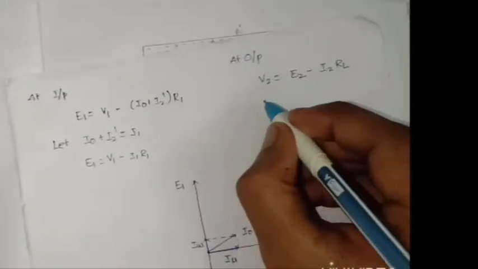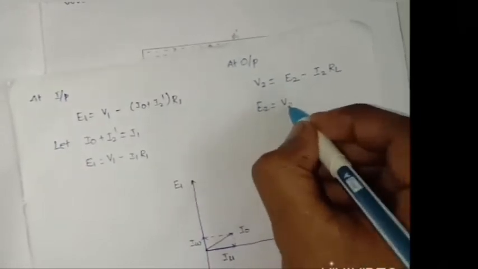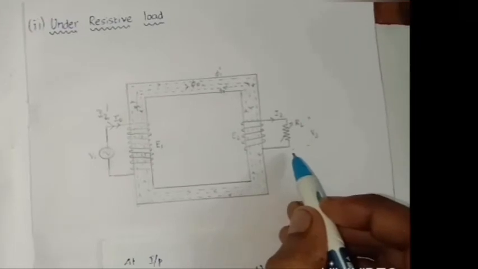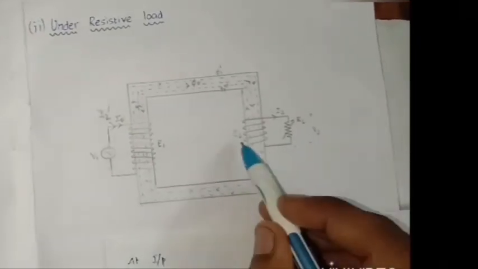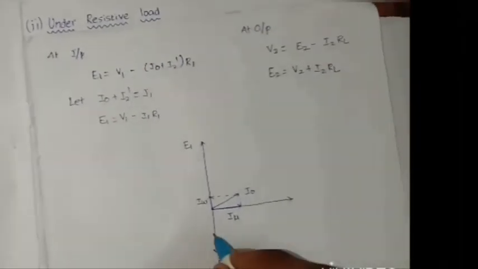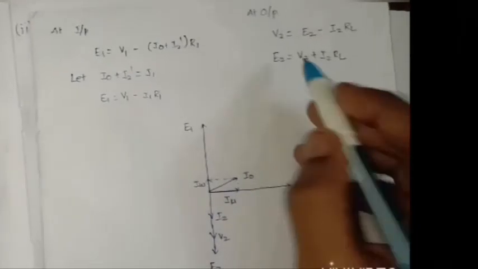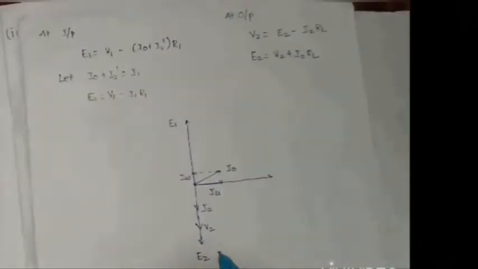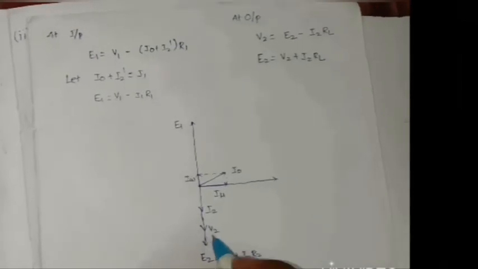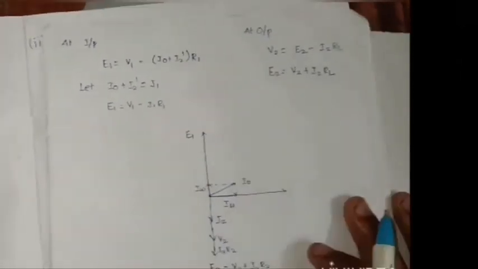From this equation, E2 is equal to V2 plus I2 RL. As the load is resistive, voltage V2, E2 and I2 are in the same phase. Here E2 is equal to V2 plus I2 R2. This is V2, this is I2 R2.